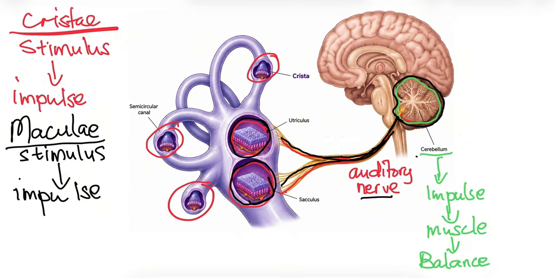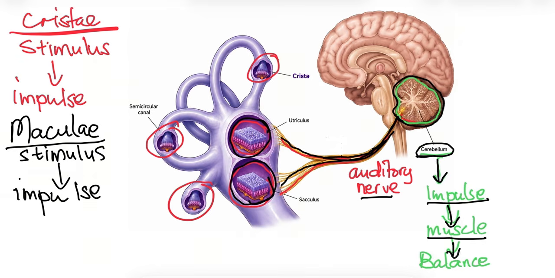Now, the cerebellum will interpret the nerve impulse, and then will generate another impulse, which is sent to the muscles, and then balance is maintained in our colleague who is bending forward so that he can tie his shoes. When balance is maintained, our colleague is not going to trip over or fall down.